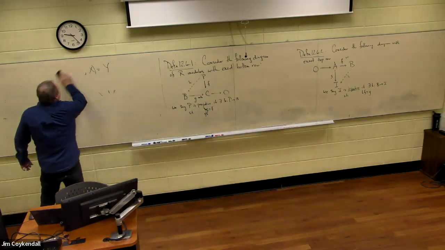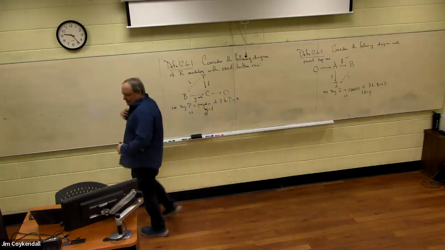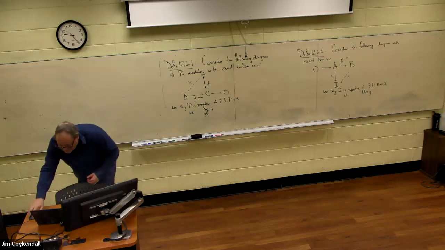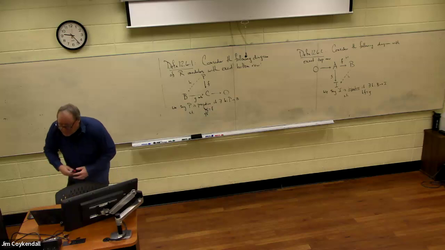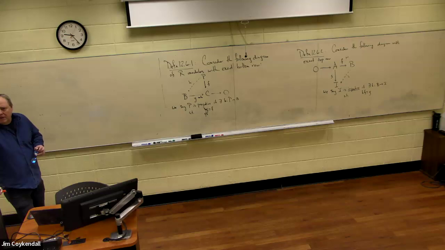But the first, I'll get this one out of the way, and this is a big one. I'll just state it briefly. A free module is always projective. You all did an example, I think in the homework, finding a module that was projective but not free, right?